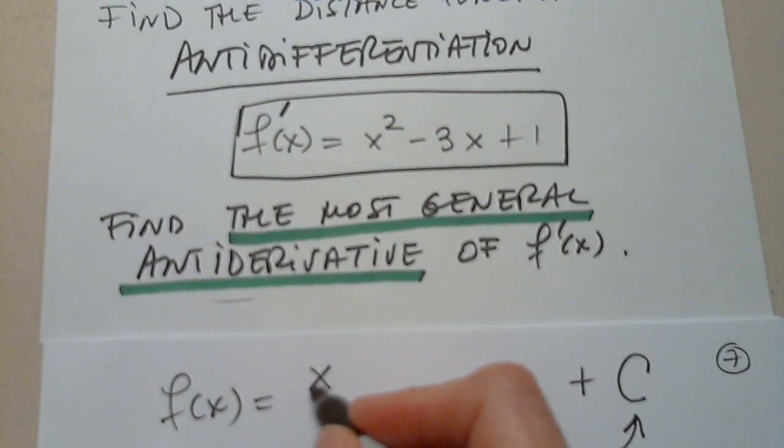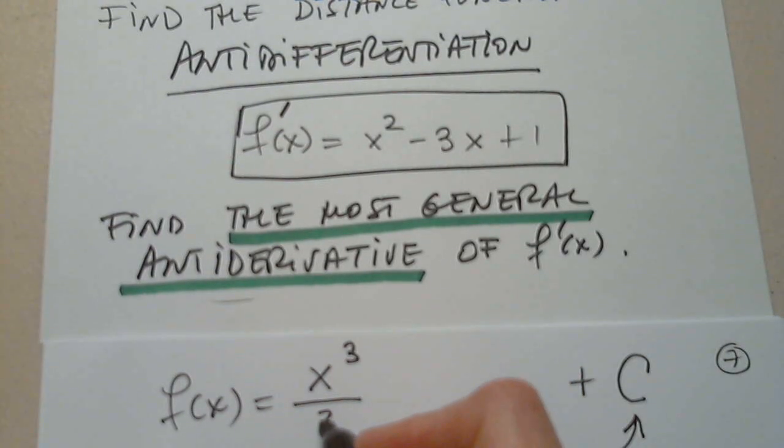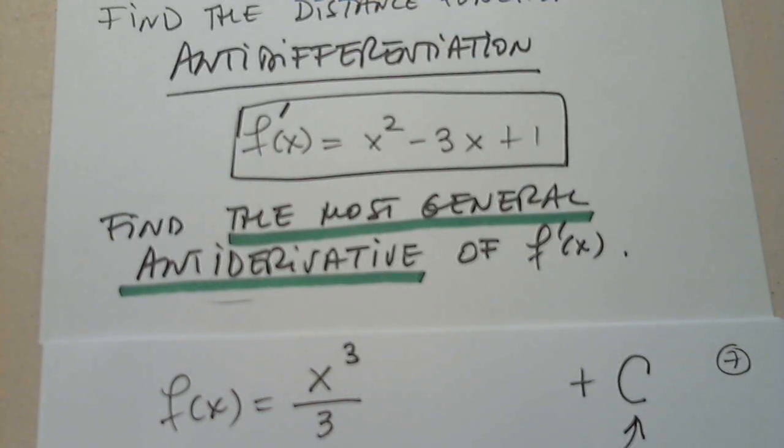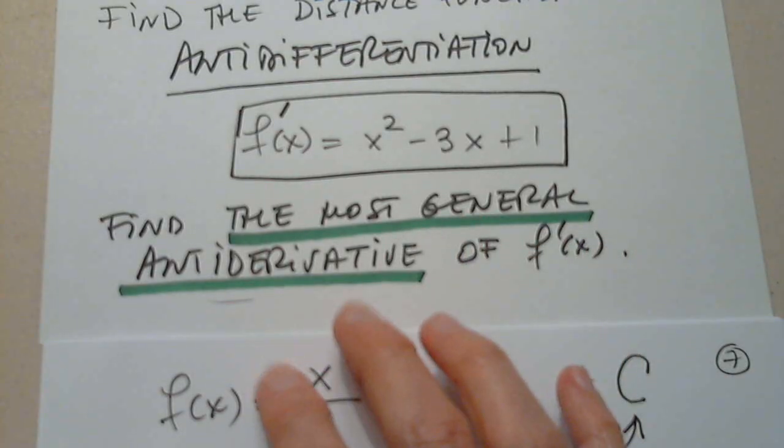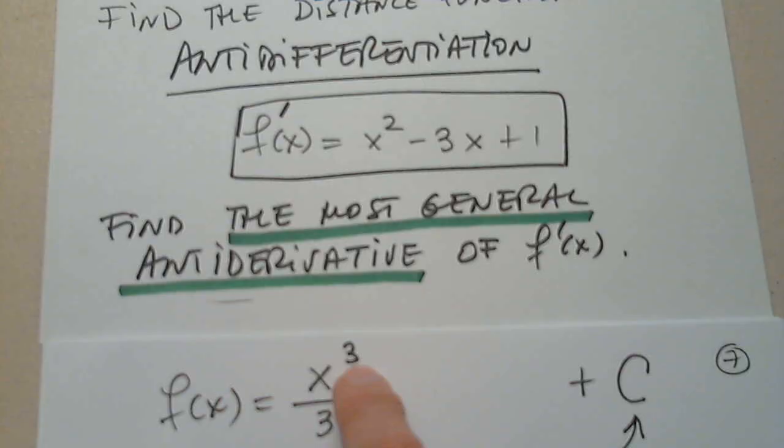So then I will have to write x to the third divided by 3. n plus 1 over that number, n plus 1. Does it work? Let's convince ourselves. When I differentiate x to the third divided by 3, I bring 3 down, I simplify, I subtract 1 from the power, and I get x squared.